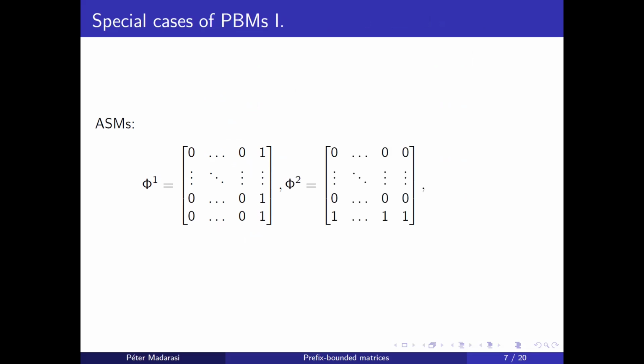This transposes to the bound on the vertical partial sums, vertical prefixes, and we have a uniform bound of 1 for every partial sum. These are just the bounds for ASMs. So if we plug in these exact bounds into the polyhedral description of PBMs, then what we get back is exactly the system of inequalities.